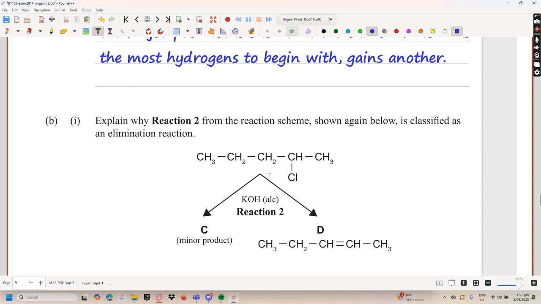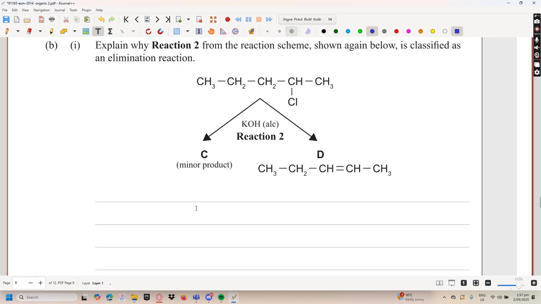The next question refers to the reaction scheme above, showing it was classified as an elimination reaction.